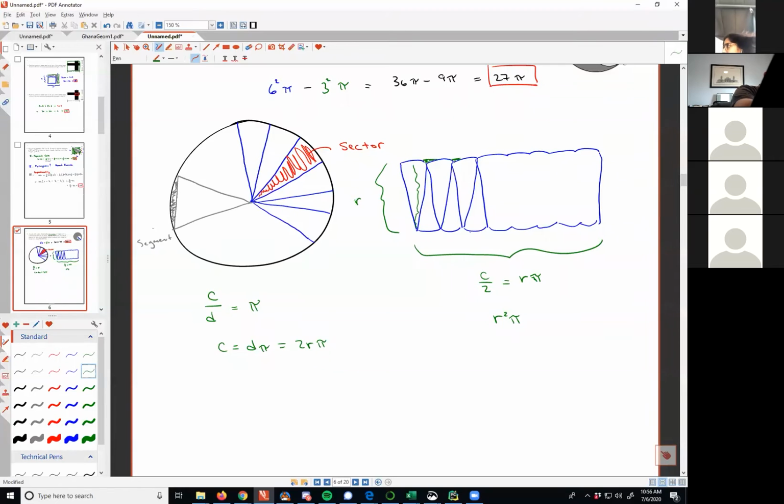Maybe one way to remember that is sometimes we say that insects have segmented bodies. So you can think of a segment as something that's sort of cut off as its own piece from the whole. And then a sector is the piece before we cut off the triangle.